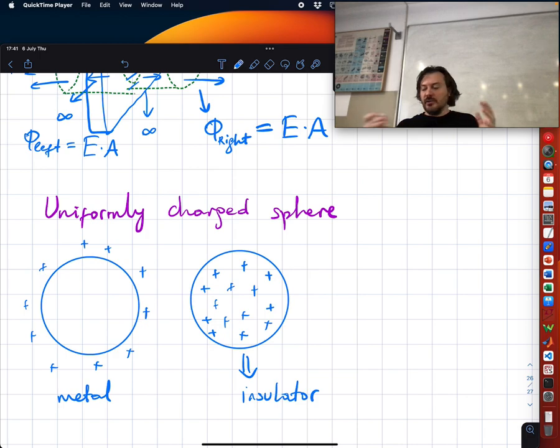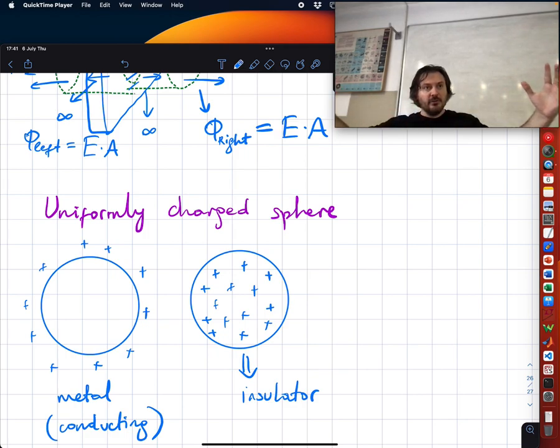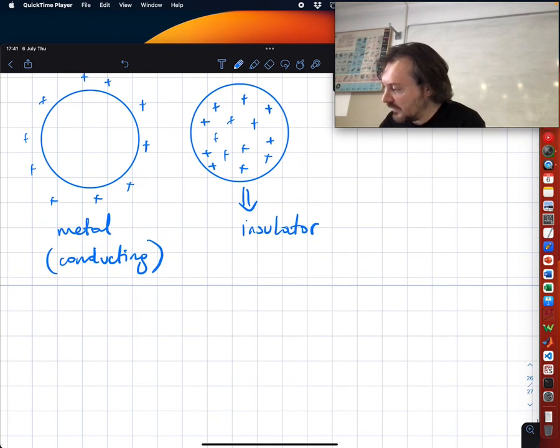Let's say they say conducting sphere is uniformly charged. What they mean is it's uniformly charged on the surface. Okay? Uniformly charged insulator means it's uniformly charged throughout the interior. Okay? So let's start with the insulator case.